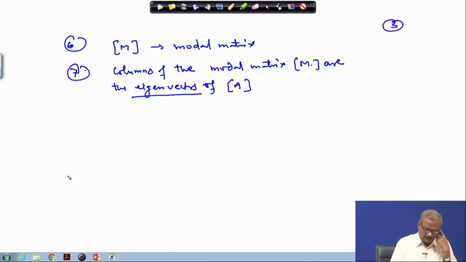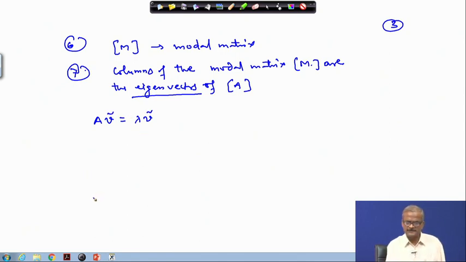So, in the orthonormal form, let us say that I have this A matrix, and it operates on some vector nu, and this eigenvalue problem we write like this.